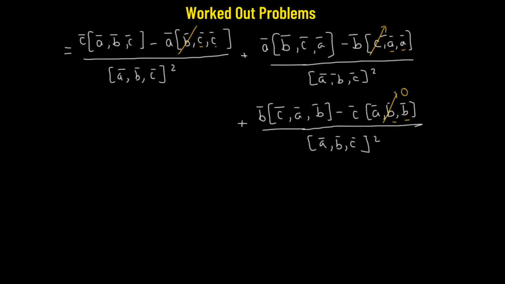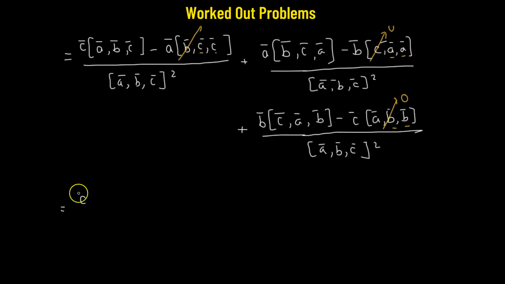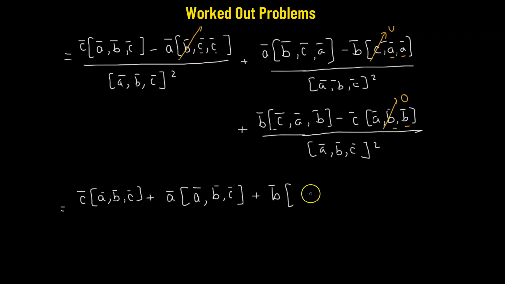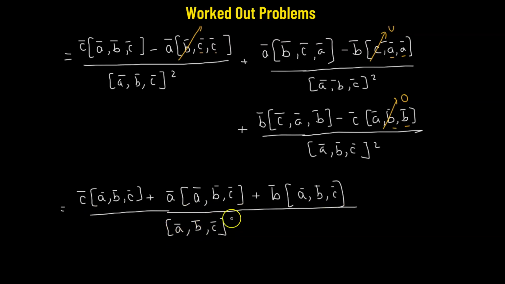Now we'll combine all the 3 terms to get, from the first term, C vector multiplied to [A, B, C], plus from the second term A vector multiplied to [B, C, A]. [B, C, A] is actually the same as [A, B, C], plus the third vector, which is B vector multiplied to [C, A, B]. So [C, A, B] is also the same as [A, B, C], whole thing divided by the common denominator from each of the 3 terms, which is the scalar triple product of [A, B, C] squared.